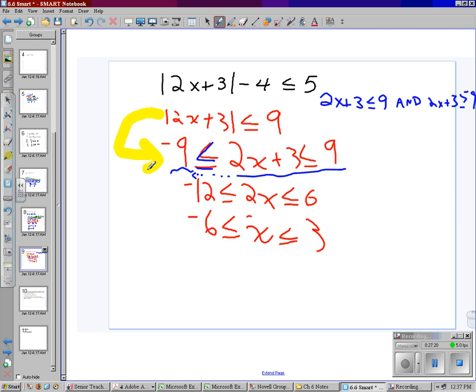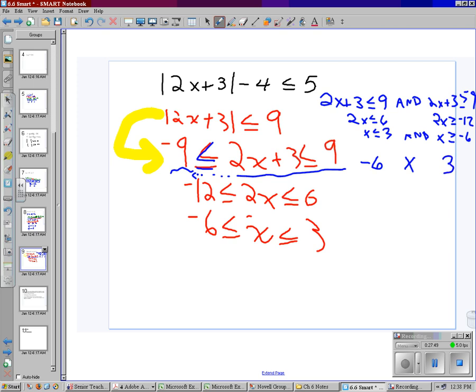Now, what I do want to note here is if you do it with the two inequalities and you're having troubles getting it into the way that Nick had it up here, you can go ahead and solve each one of these inequalities. So I'll have 2x greater than or equal to negative 12, x greater than or equal to negative 6, with the "and" in between. You still have to write that as a compound inequality in the end.